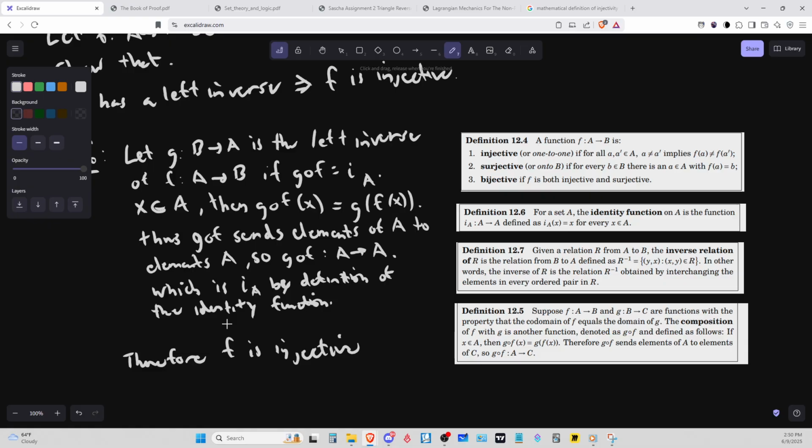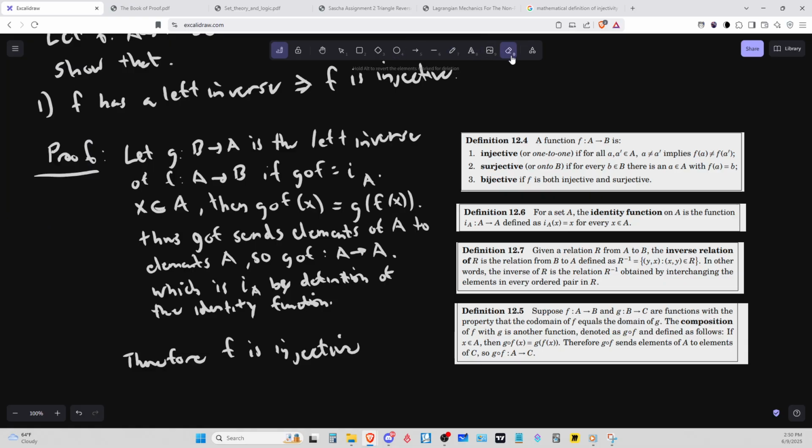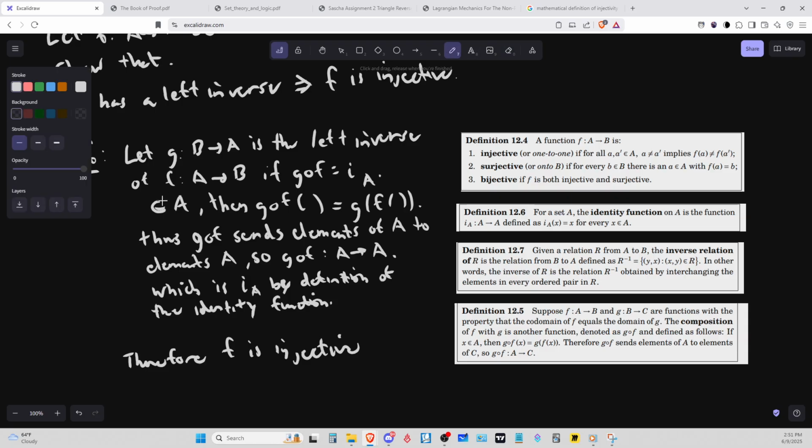Instead of using x, use a instead of x. Okay, why not? Yeah, that might be a little bit easier to make the distinction. So a, and a.